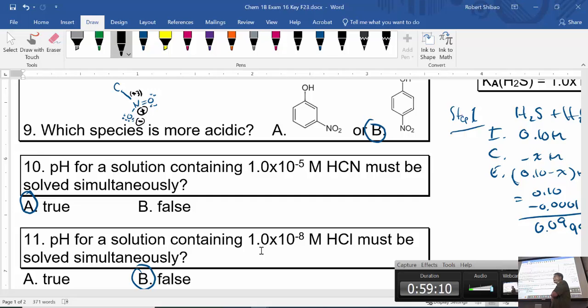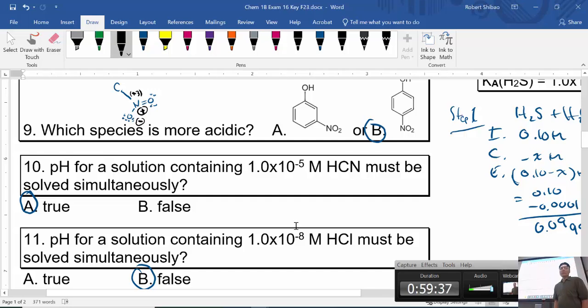When we're thinking about acids, we're pulling the hydrogen. The hydrogen? Yeah, that's one way. The more electron withdrawing, the more polar, the easier it is to pull the hydrogen off for a base. I guess you could think of it in that way too.